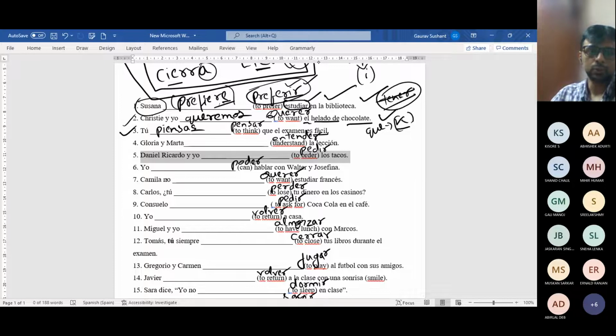Okay, so yes. You have given me the correct answer, but what will be the translation also? Can you tell me? Fácil is easy, so now you can try. Do you think the exam was easy or something like that? We are doing present tense, no? So why are you going to the past tense?